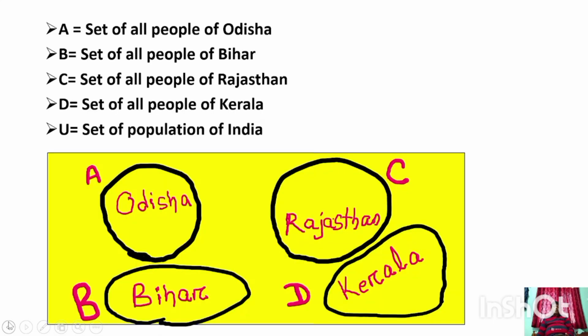Once again, see, right? How to represent the universal set? Here is the universal set. The universal set must be represented by a rectangle, and its subsets are represented by oval structures, right? Look at here.